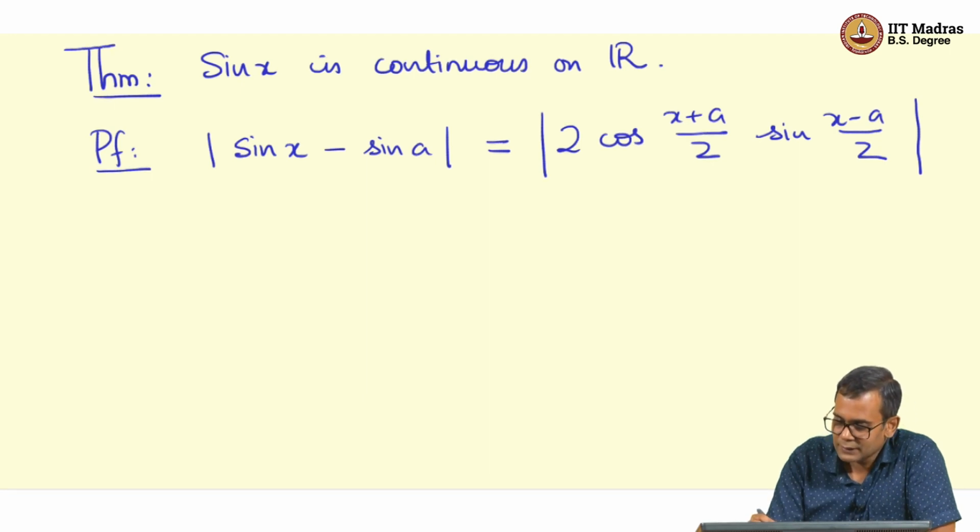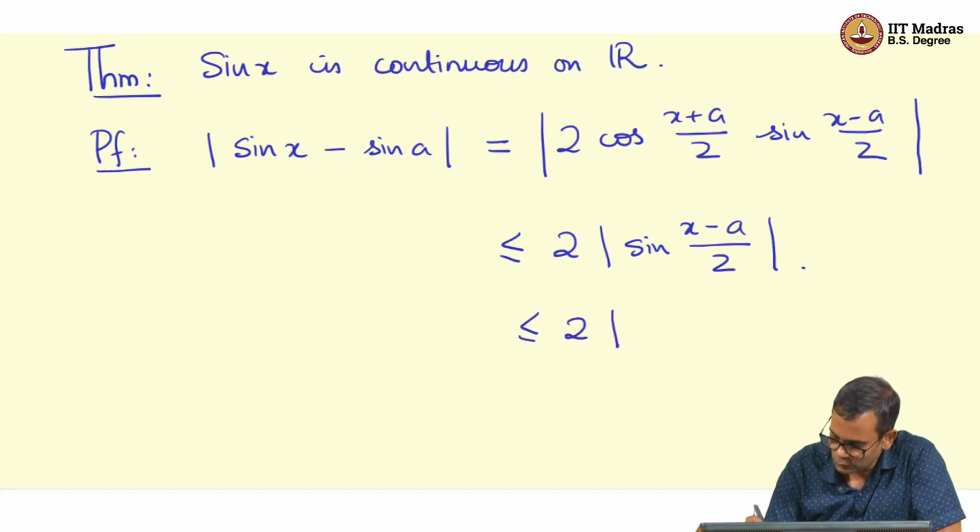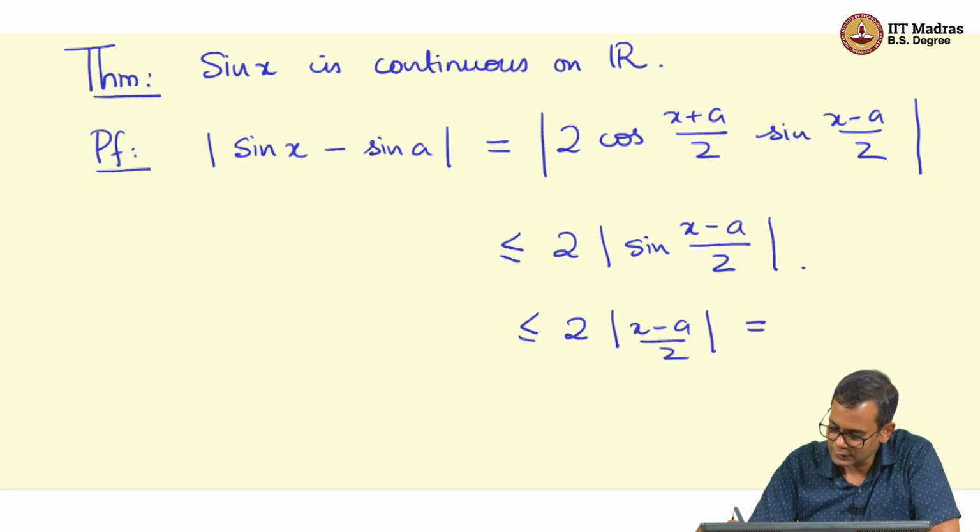Since sine and cosine always take values between plus 1 and minus 1, this cos of x plus A by 2 lies between plus 1 and minus 1. So, this is always less than or equal to 2 times absolute value of sine of x minus A by 2. But by what we just did earlier, this is less than or equal to 2 times absolute value of x minus A by 2, which is equal to the absolute value of x minus A.